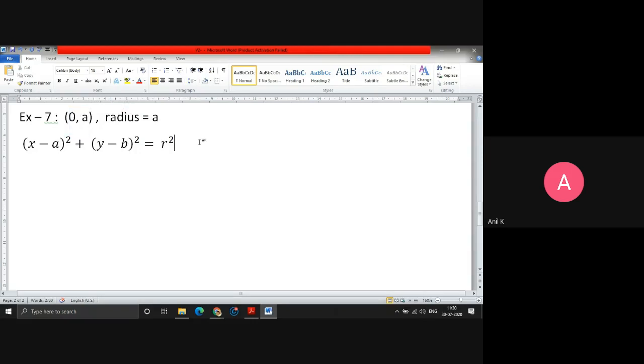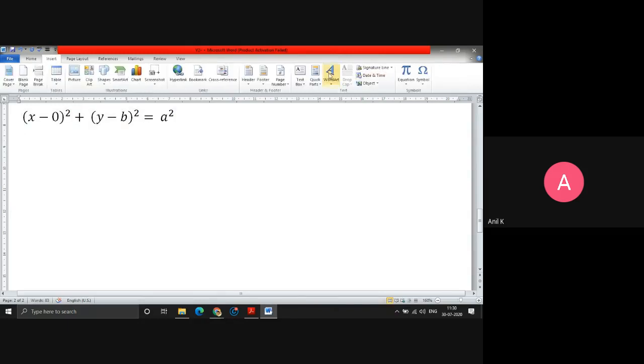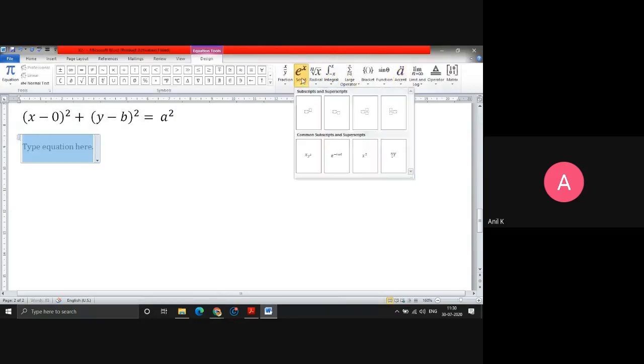Now if I substitute these things in the general equation, here the x value is 0, so it becomes x minus 0 whole square plus y minus b whole square equals r value, which is a. x minus 0 whole square you can write directly as x square only.